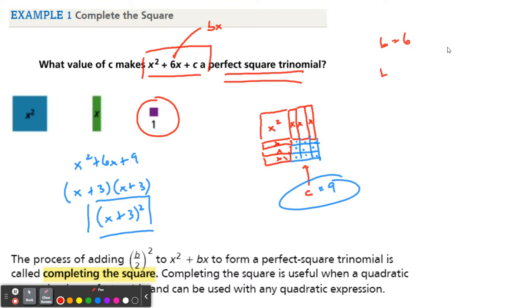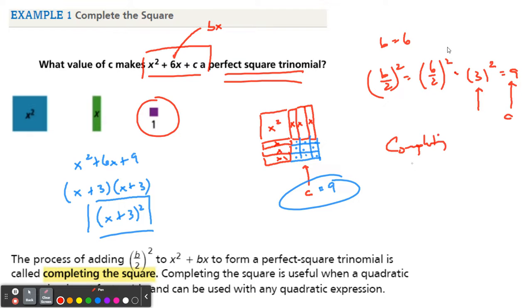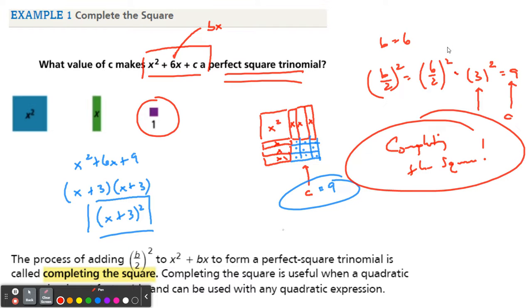If you take b over 2 and square it, that would be 6 over 2 squared. 6 divided by 2 is 3, and 3 squared is 9. So this is the number that goes in the parentheses, and this is going to be your c value. This is called completing the square. This is what we have to do today.